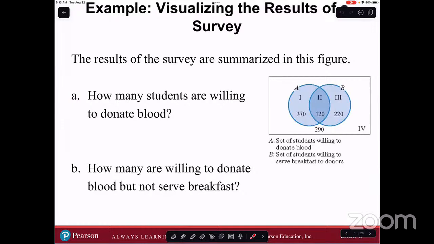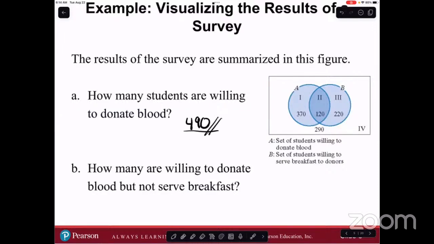Blood is set A. If we count all the elements in circle A, it's 370 plus 120, which is 490. So 490 students are willing to donate blood.